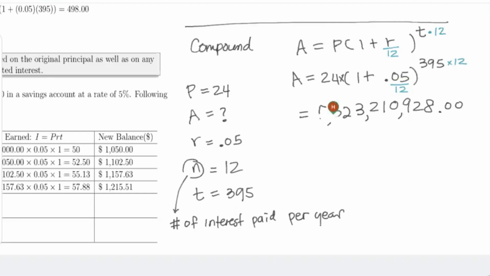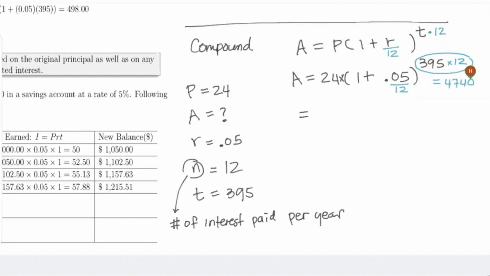Just keep in mind that the previous result was over 5.6 billion. Remember this. Let's see how our balance is affected. Since there is multiplication in the exponent, I want you to compute the exponent first. 395 times 12 is 4740.